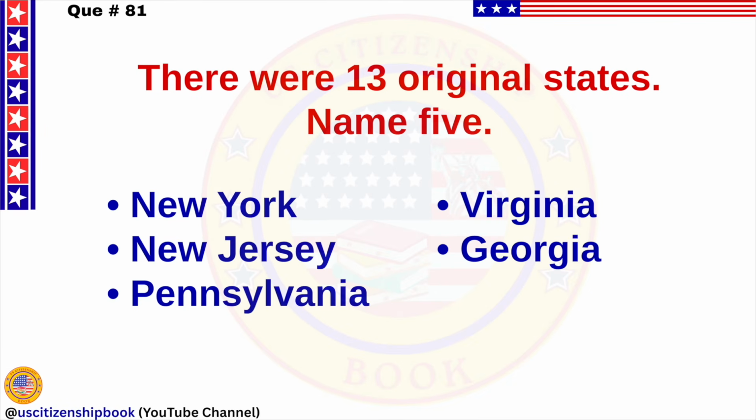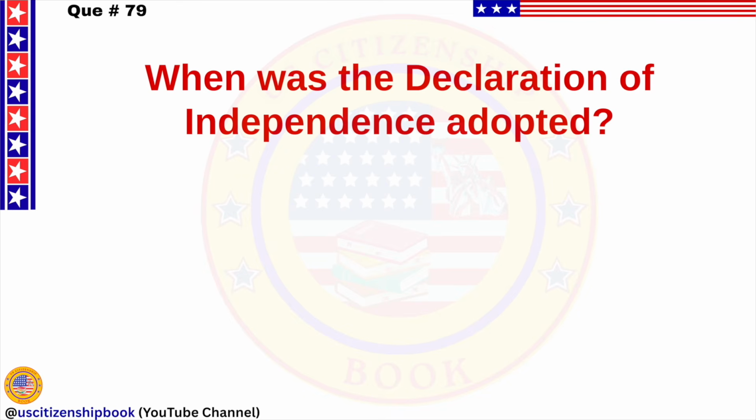New York, New Jersey, Pennsylvania, Virginia, Georgia. When was the Declaration of Independence adopted? July 4, 1776.